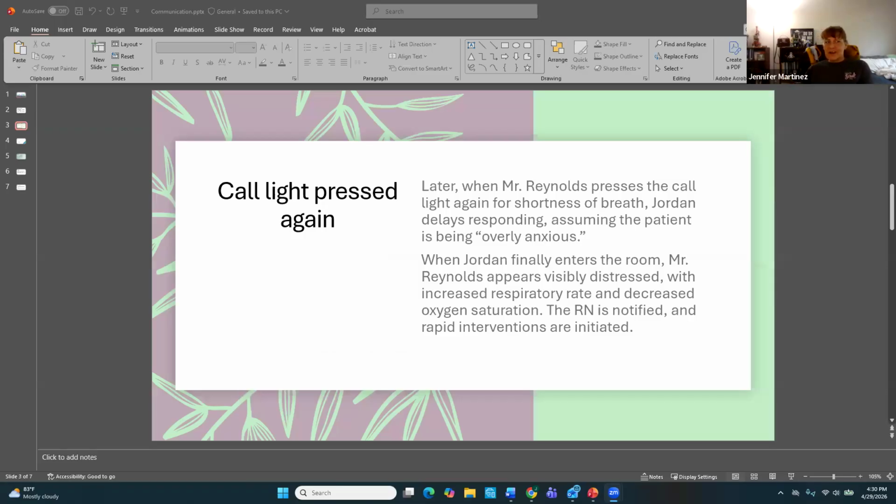So later, when Mr. Reynolds presses the call light again for shortness of breath, Jordan delays responding, assuming the patient is being overly anxious. When Jordan finally enters the room, Mr. Reynolds appears visibly distressed with increased respiratory rate and decreased oxygen saturation. The RN is notified and rapid interventions are initiated.